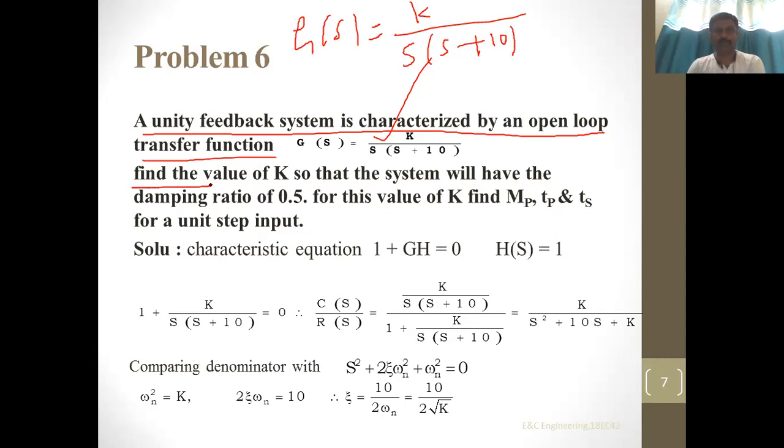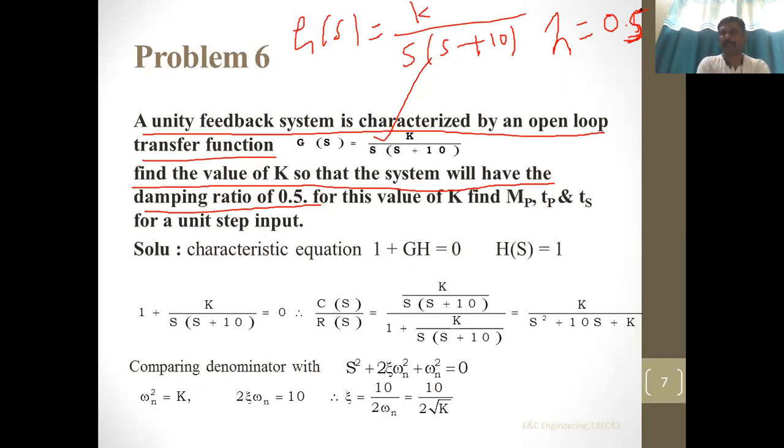Now what are we supposed to find? We need to find the value of K constant so that the system will have the damping ratio Xi as 0.5. Now this is quite a different problem. So far, in the problems we concentrated on, G of S and H of S were given, and we were finding Xi, omega n, omega d. Later we found TP, MP and so on.